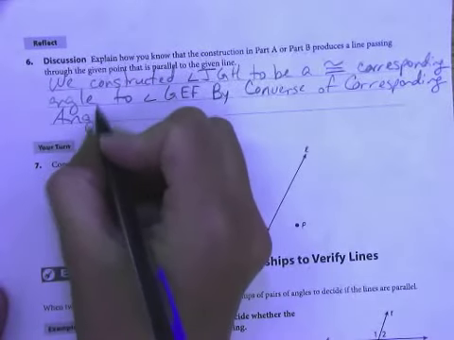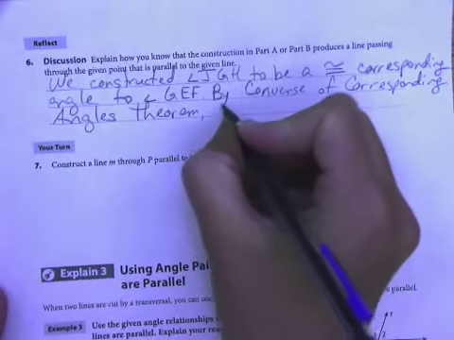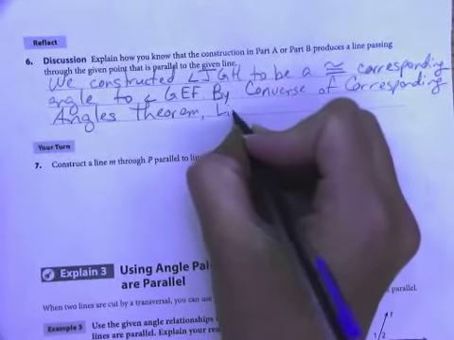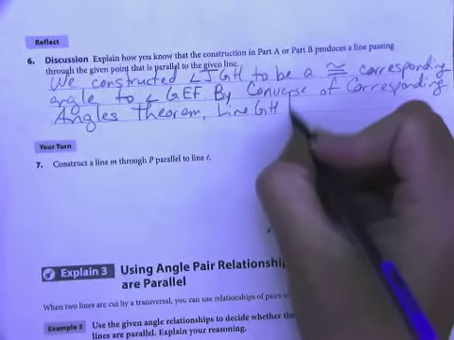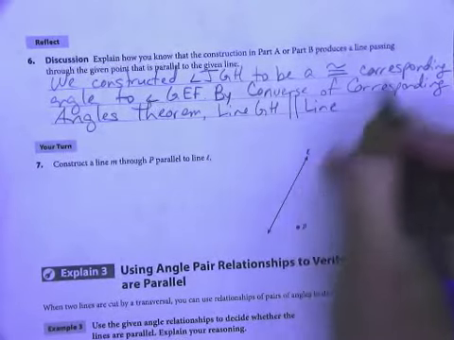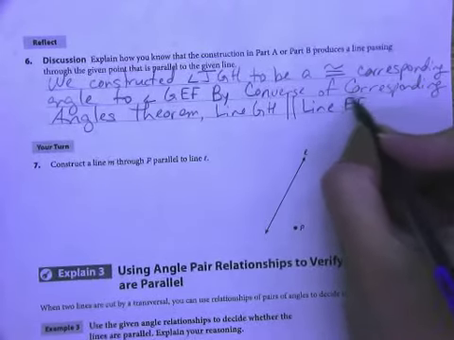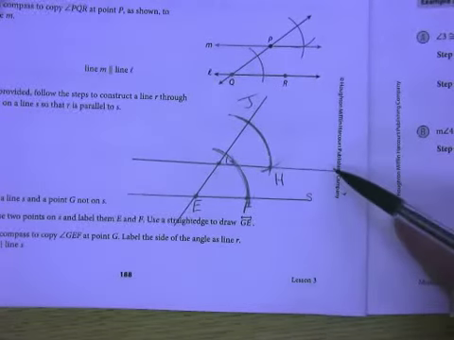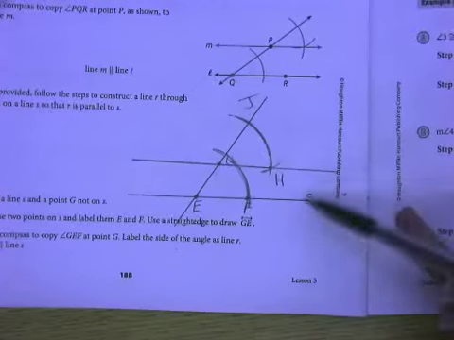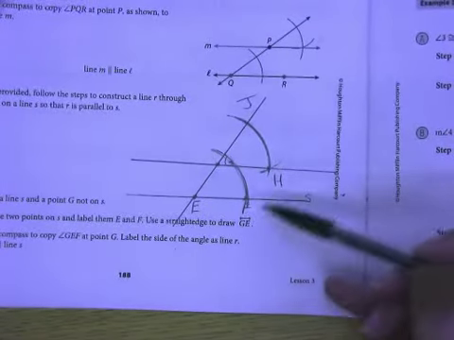Therefore, by the converse of the corresponding angles theorem, line GH will be parallel to line EF.